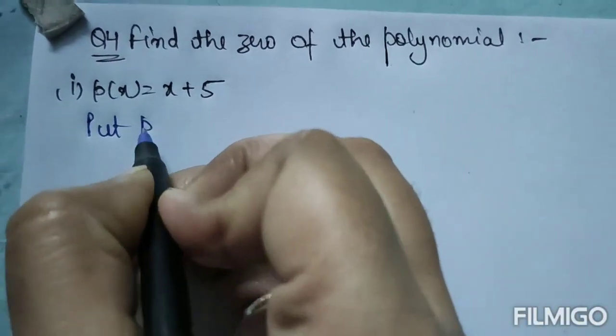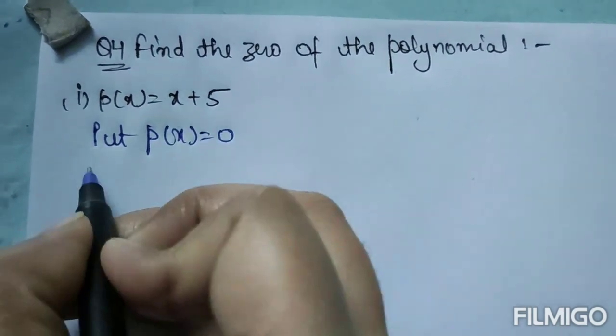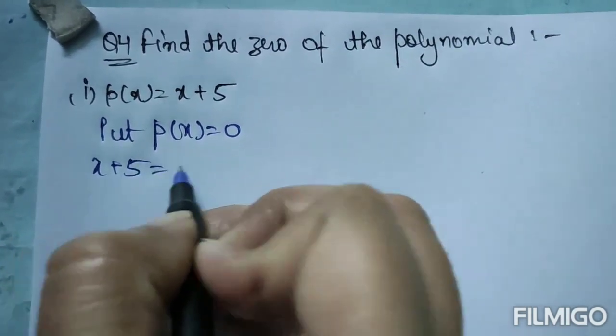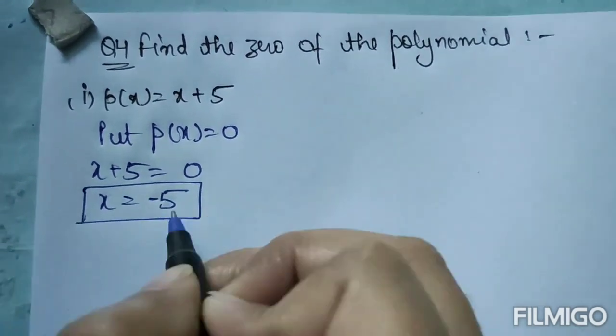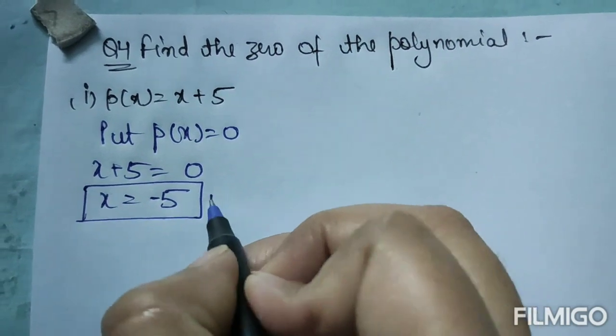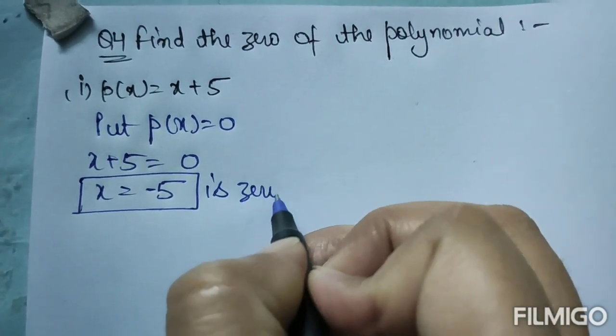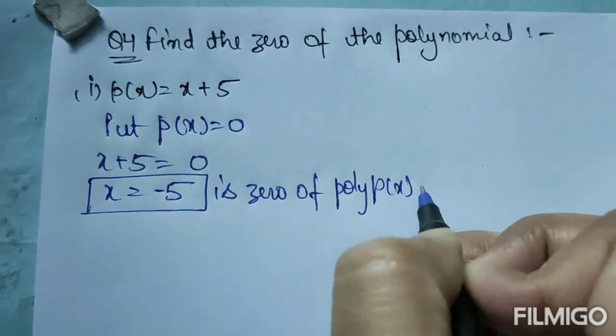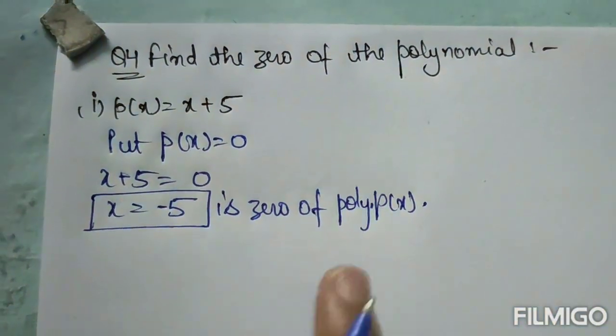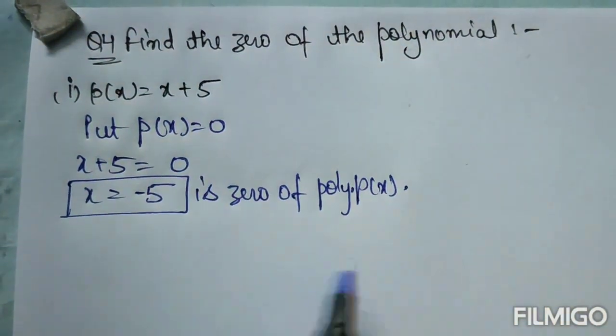Put px equal to 0. That means x plus 5 will be 0. X will be minus 5. That is, x equal to minus 5 is 0 of polynomial px. In short I'm writing, you write polynomial whole. Clear?